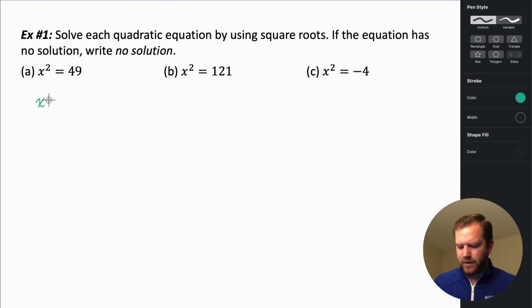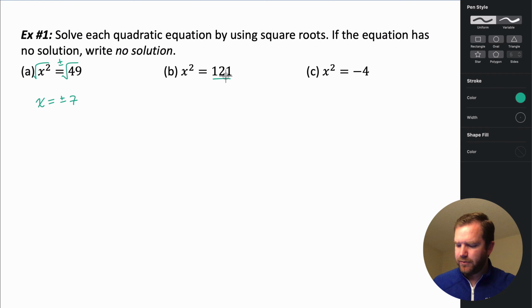We have a pretty good sense that x is positive 7, right? 7 squared is 49. But we have to remember that there's also that negative root in there. Anytime you use a square root, we're going to take the square root of both sides to solve this. Anytime you introduce a square root as an operation into your equation, we have to do plus or minus, the positive or negative square root. So this would be x equals positive or negative 7.